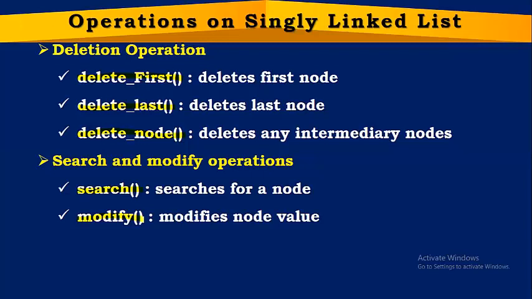Then it modifies the old value with your new value. Okay. So these are the operations that are performed by using all these 11 functions in a singly linked list. Okay. Thank you.